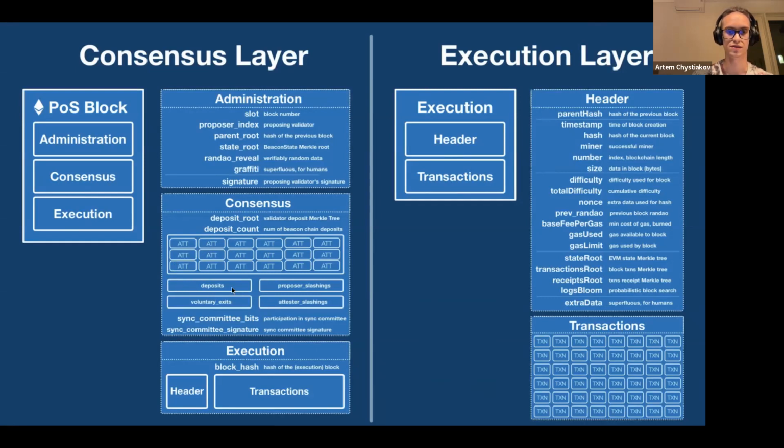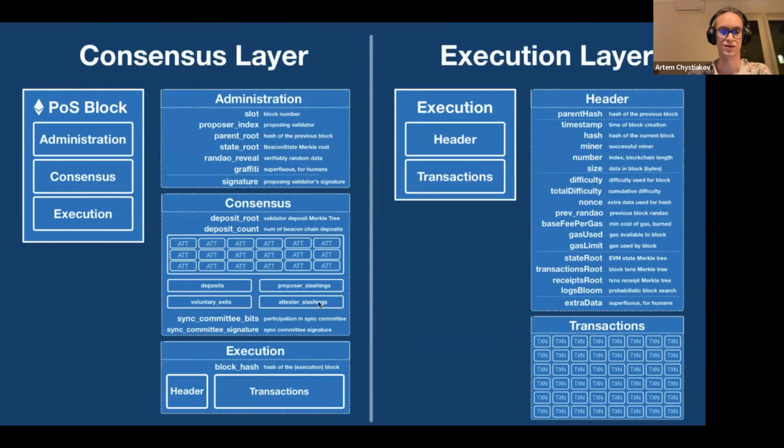Then deposits. The deposit root is the topmost state, but deposits are the actual list of deposits in this block. The proposer slashings, it is also connected with the consensus. The voluntary exits, it is something that will be added in the Shanghai hard fork, probably in a couple of months.